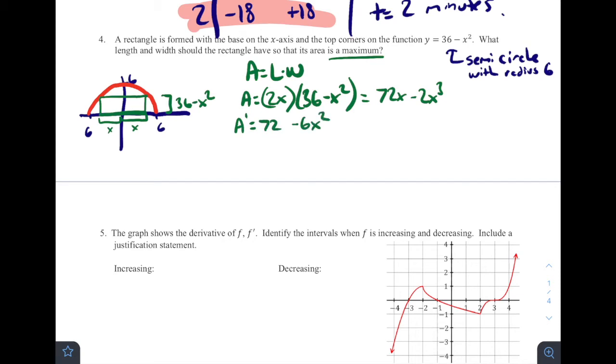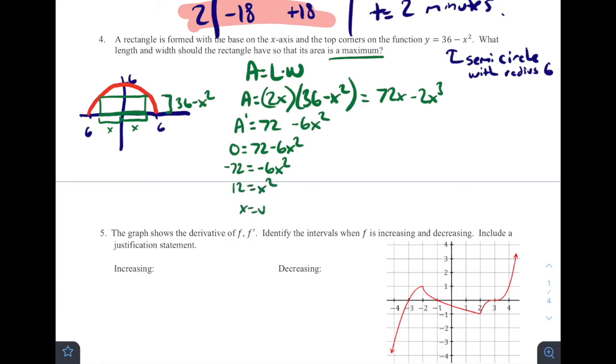And we know maxes and mins occur at critical values, so places where the derivative is 0 or it's undefined. So let's say that 0 is equal to 72 minus 6x squared. That means that negative 72 is equal to negative 6x squared. If we divide, that means that 12 is equal to x squared.